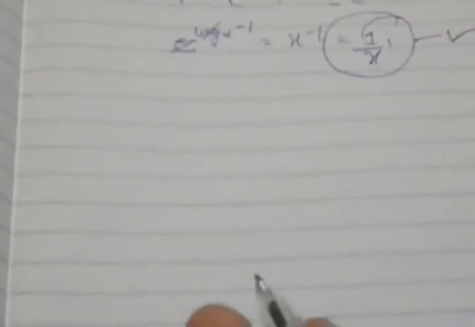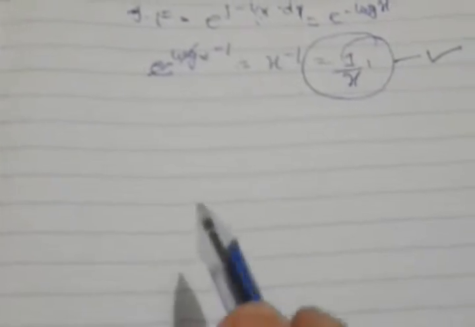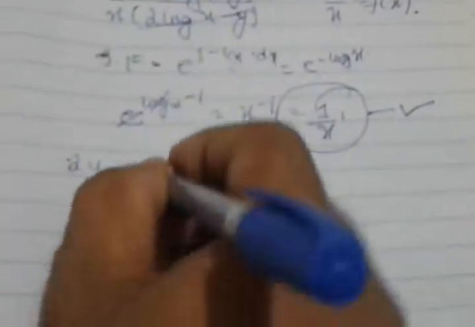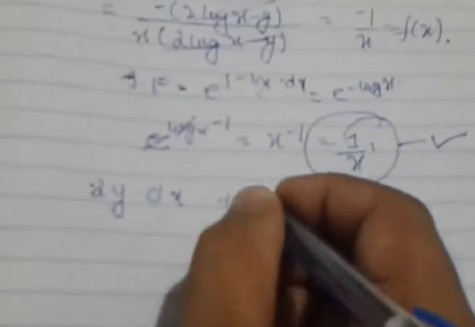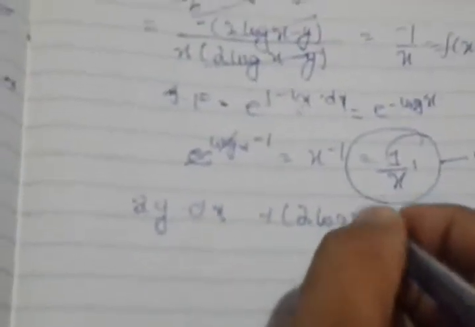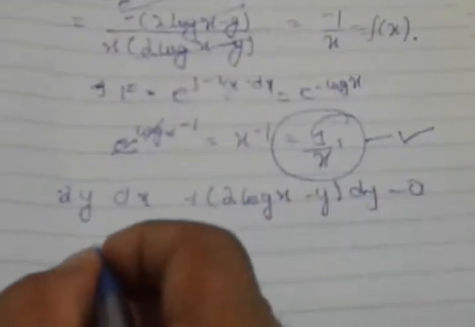Now we will multiply the integrating factor by equation 1. Equation number 1 is the equation we supposed with M and N: 2y dx plus (2 log x minus y) dy equals 0.